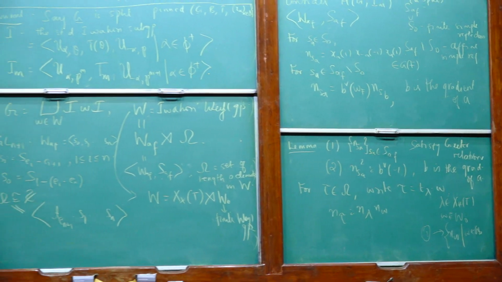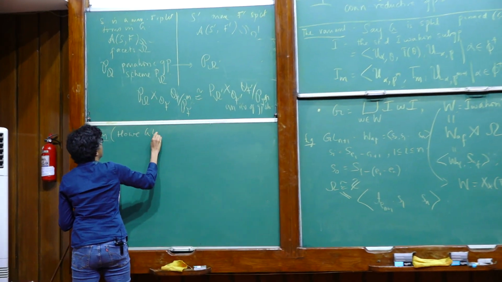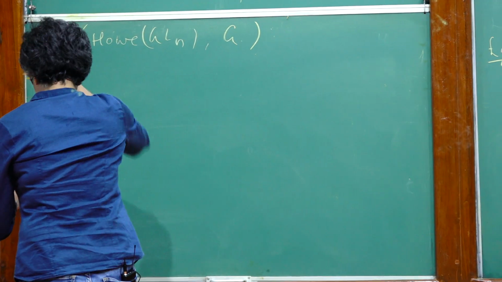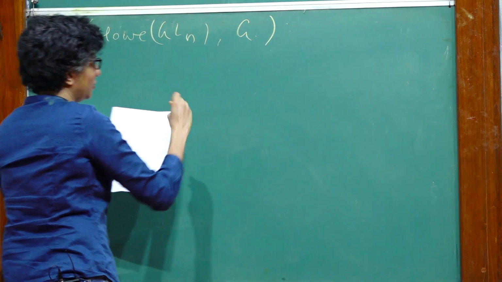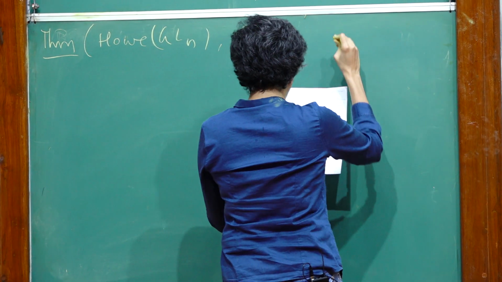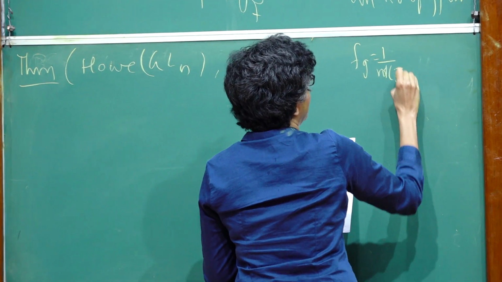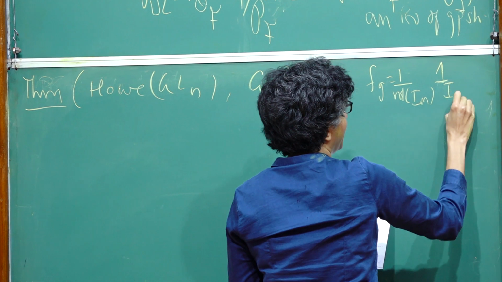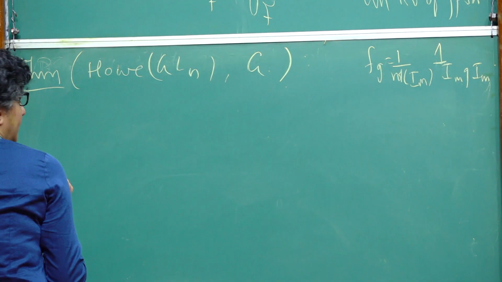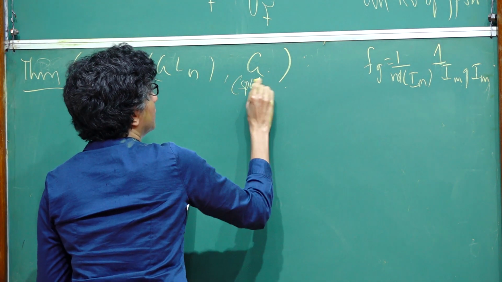Then I'll recall a theorem which is due to Howe for GLn and for split groups. I'll not write down everything because there are many relations. I'll just write down the ones that I need for the rest of the talk. I'll denote f_g to be 1 over volume of Im times the characteristic function of Im g Im, for g in G, for split groups.